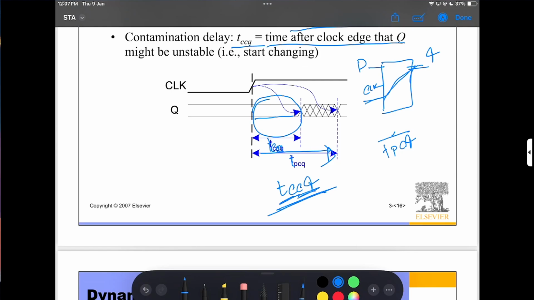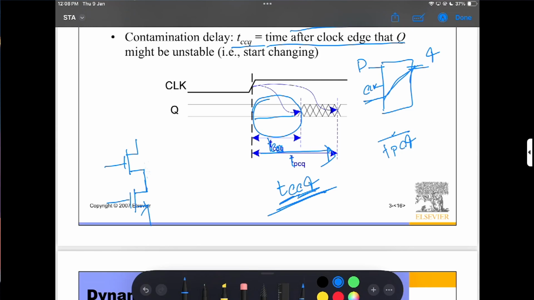If we look at the transistor level, what happens? I will explain. Suppose here is one MOSFET and here is another MOSFET.